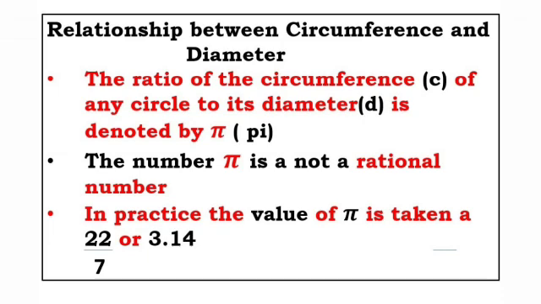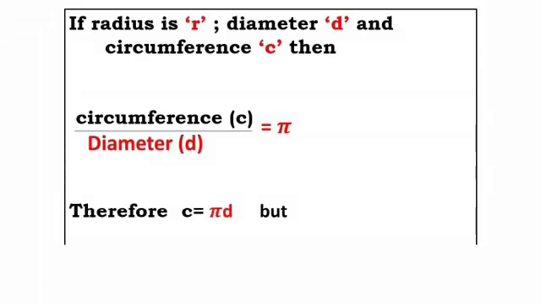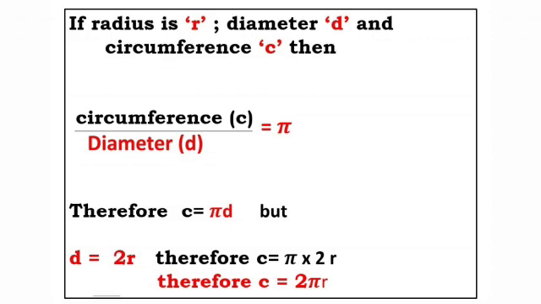In practice, the value of pi is taken as 22 upon 7 or 3.14. Now, if radius is r, diameter d and circumference c, then circumference upon diameter is equal to pi. Therefore, we can say that circumference is equal to pi d.